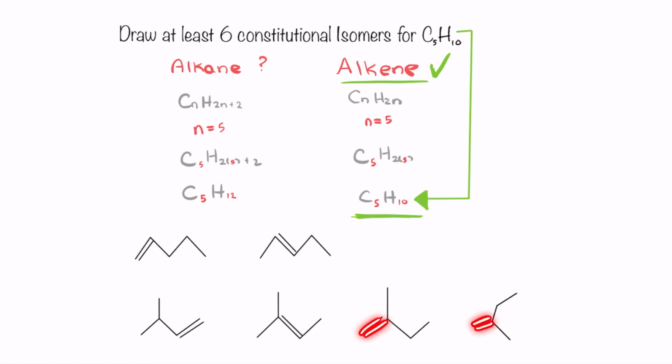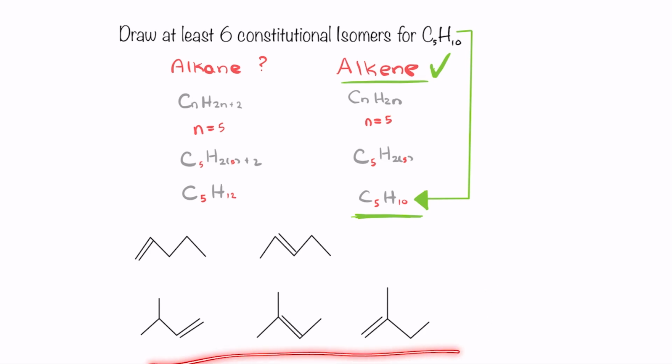We see that this double bond here is attached to an ethyl group and a methyl group, a methyl group and an ethyl group. And so these two structures are exactly the same. So whether or not we draw the bonds like this or like this, it doesn't matter because those are single bonds that can rotate. When we rotate this structure, we see that it is exactly the same as the one beside it. And so this is not another valid structure.